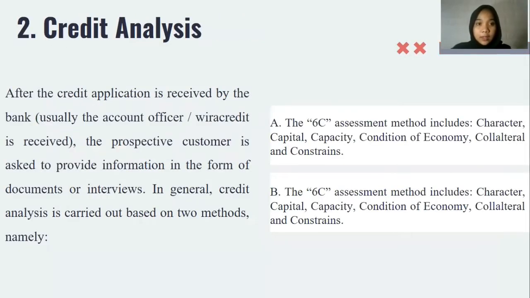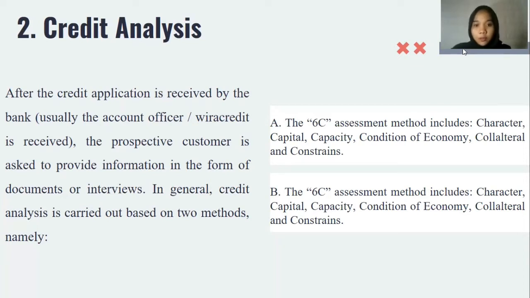2. Credit analysis. After the credit application is received by the bank, usually the account officer asks the prospective customer to provide information in the form of documents or an interview. In general, credit analysis is carried out based on 2 methods.